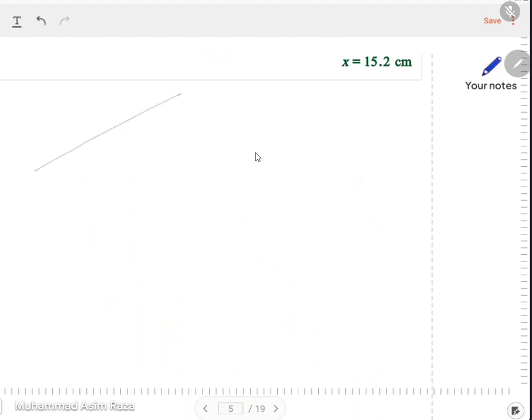So the ladder is pointed onto the wall like this one, and the length of the ladder is 5 meters or 5 feet or anything. And he says that the ladder is placed 4 meters or 4 feet from the foot of the wall, and this one is the wall.